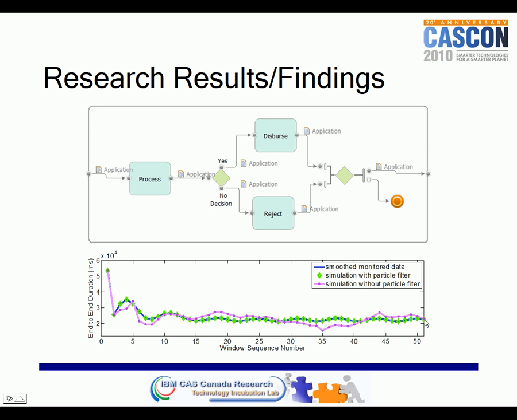Notice how the green line practically overlaps the blue line. Conversely, the purple line is the KPI given by the simulation model by blindly feeding in values directly from monitor without the use of a particle filter. Notice that the KPIs measured do not match the actual monitored data.